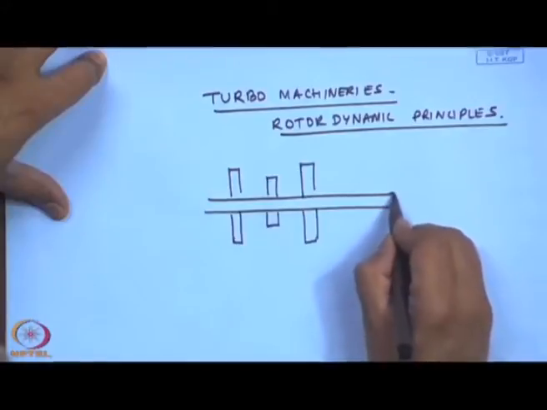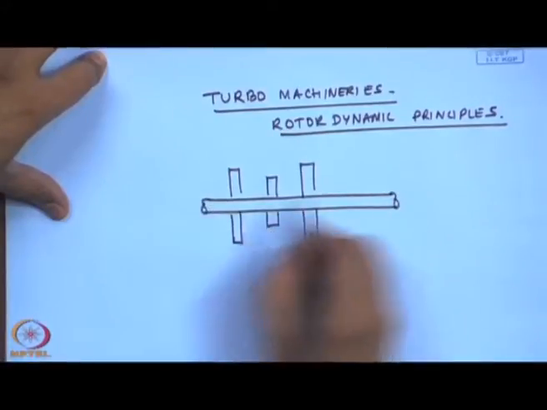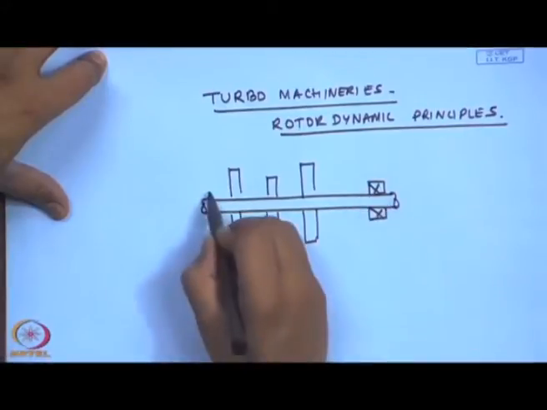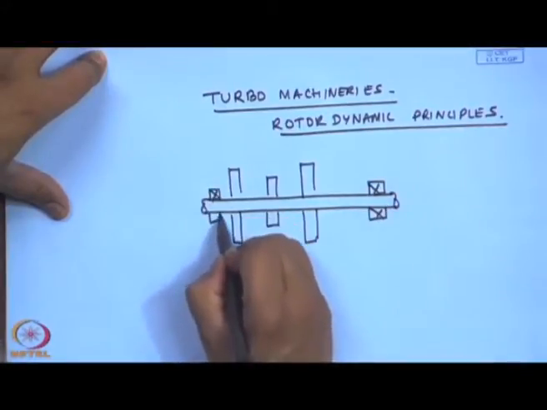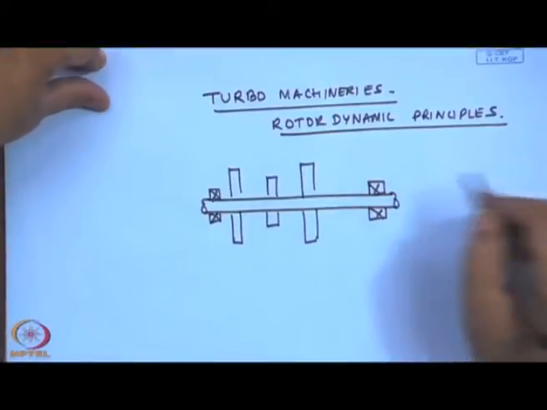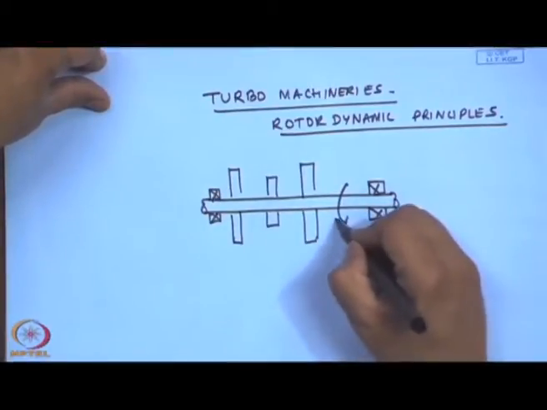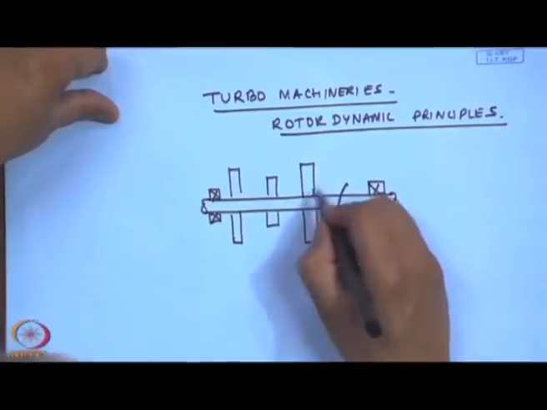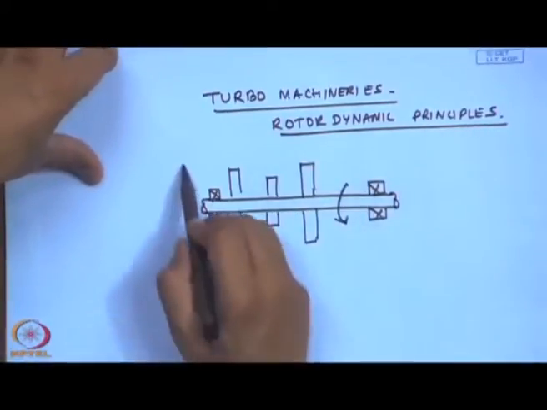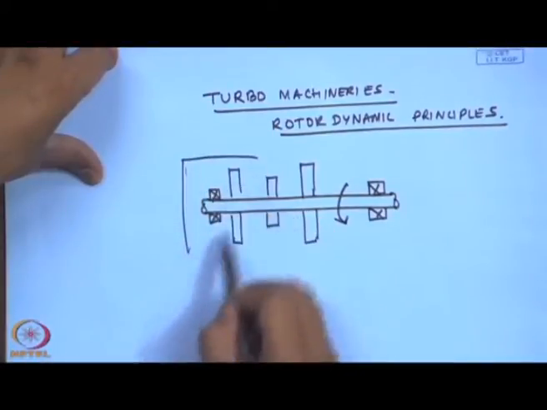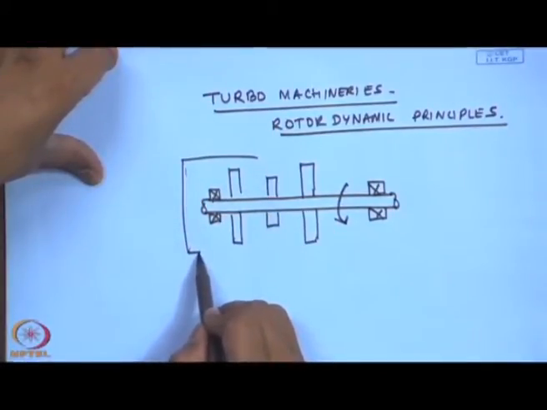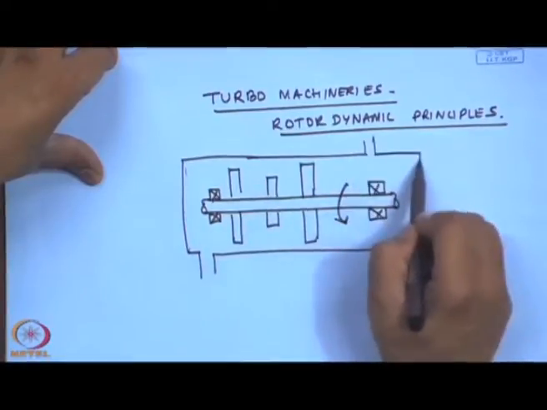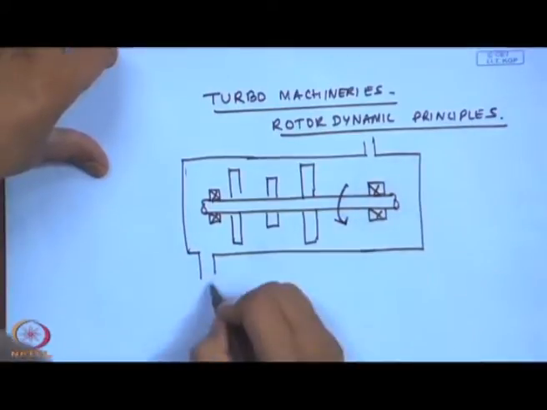They have to be supported on bearings, and they can be long, they can be flexible depending on the principles of rotordynamics, and they are of course mounted in a casing, maybe with an appropriate inlet and discharge depending on the configuration.